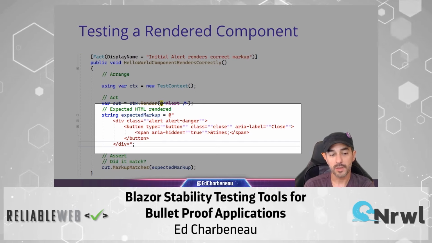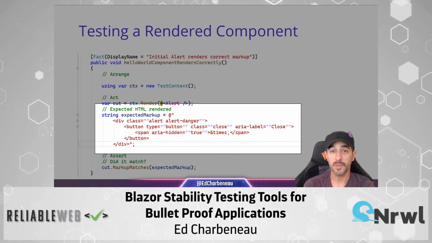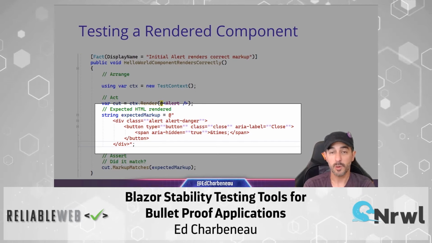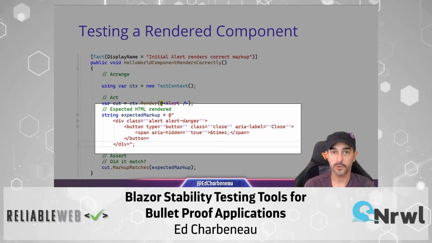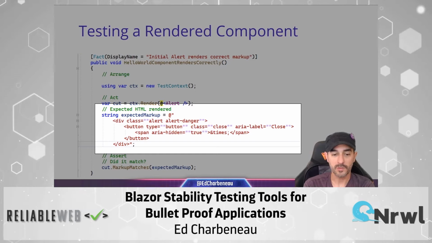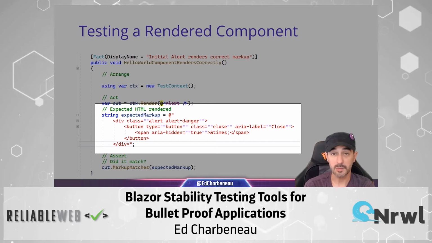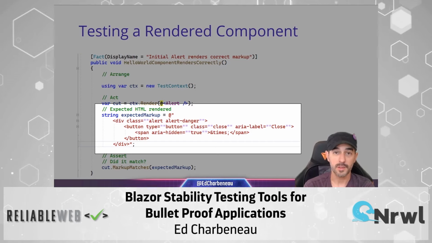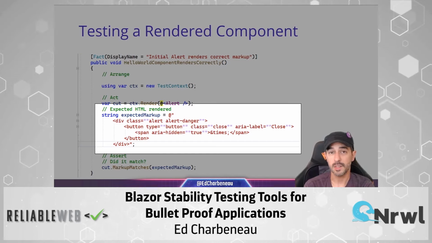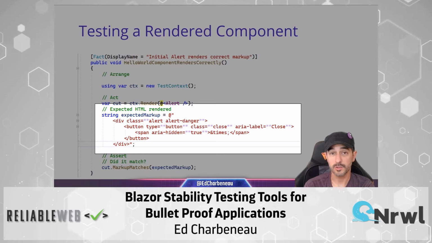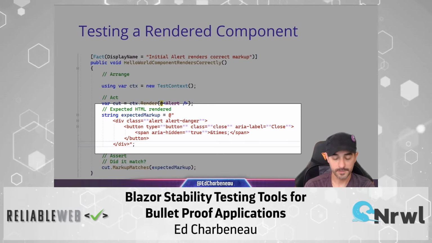So in the test, we define the markup that we expect the alert component to render as on its first render. So here we have a div with some classes that should be applied and a close button that should be in the alert to dismiss the alert box.